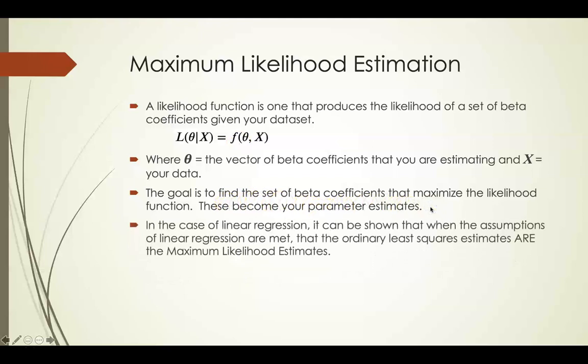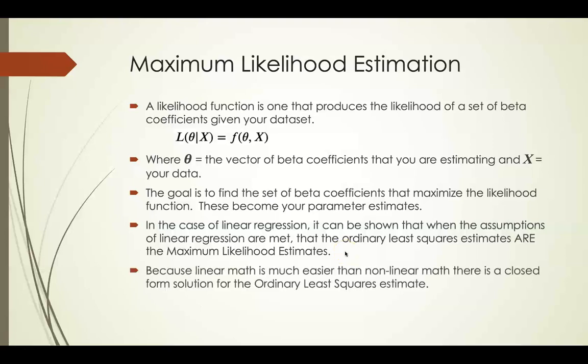Now, in the case of linear regression, it can be shown that when the assumptions of linear regression are met, the ordinary least squares estimates are the maximum likelihood estimates. But because linear math is much easier than nonlinear math, there's a closed form solution for the ordinary least squares estimate.